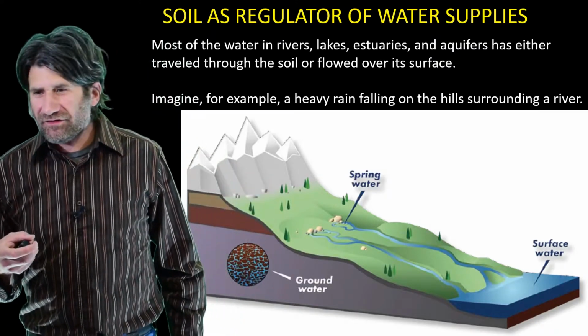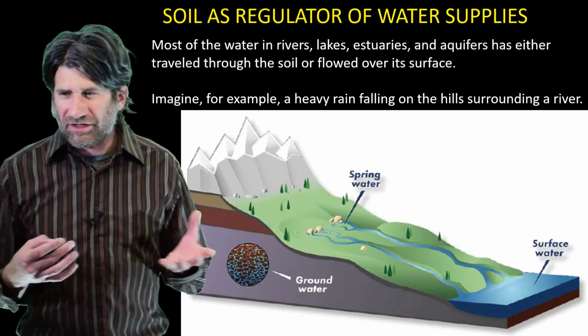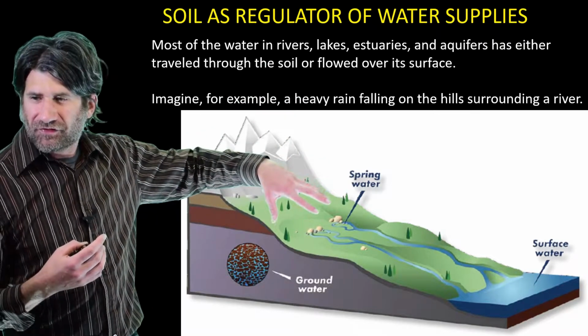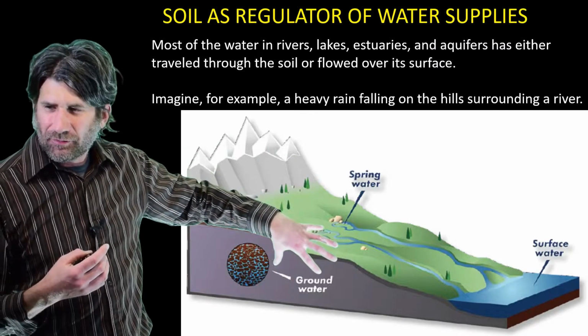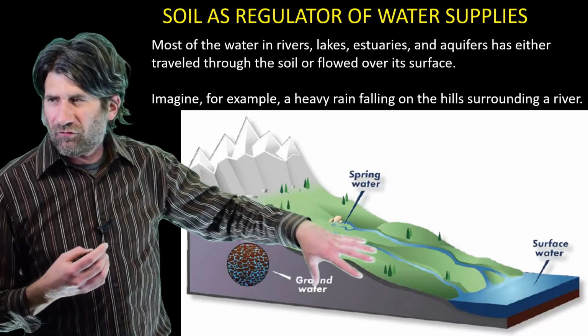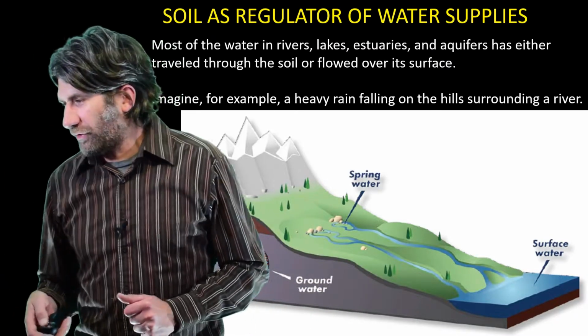And so because of that, we really think of soils as that regulator. So here we get rainfall that's going to come down on the surface here, and then the water is going to seep into the substrate here, and then we're going to get flow of water. And so our water is constantly flowing in soils.